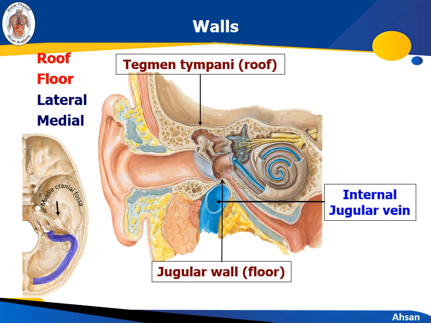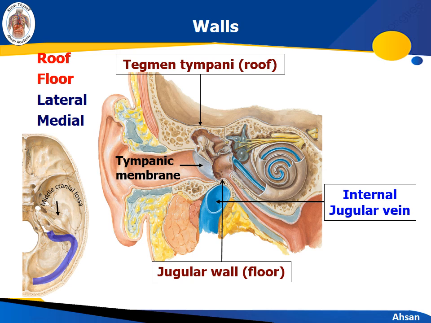Here, this internal jugular vein is a bit dilated and forms the bulb. This bulb causes an impression in the bone at the floor of the tympanic cavity. So the plate of bone becomes very thin. So if this thin plate of bone is eroded by those sorts of clinical conditions, that will go inside the vein and can cause severe hemorrhage.